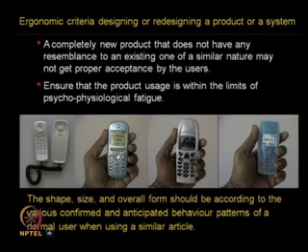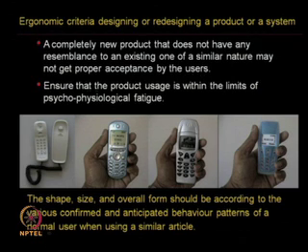Now, ergonomic criteria for designing or redesigning a product or a system. A completely new product that does not have a resemblance to an existing one of a similar nature may not get proper acceptance by the users.